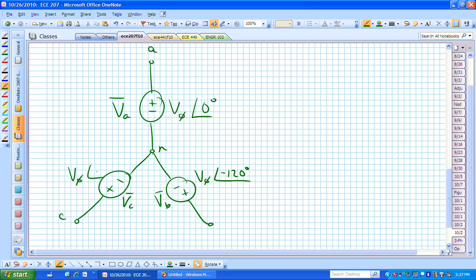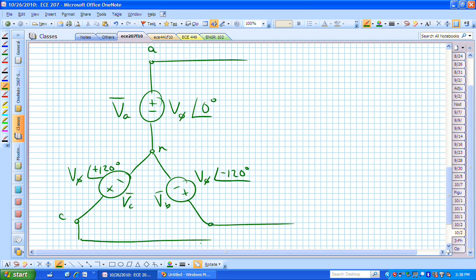But typically we keep our angles between plus and minus 180, and minus 240 is the same as plus 120 degrees, meaning the C phase is behind the B phase, because we're rotating in this counterclockwise direction. Here are the lines then that feed or go to the load.